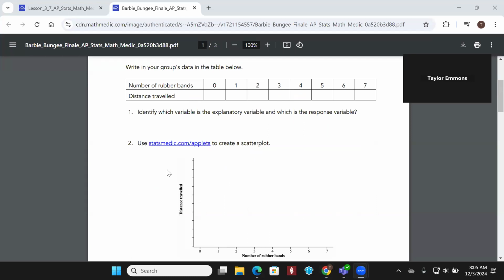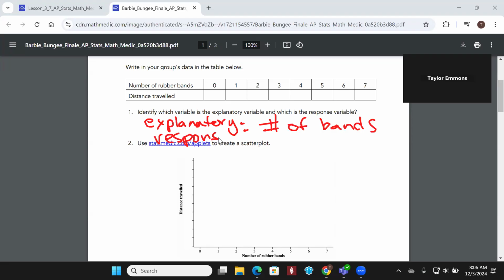Okay, so what is the explanatory variable on here? Explanatory is the number of rubber bands. Okay, what is the response? Distance traveled. Okay, cool. Then you drew your little scatter plot.